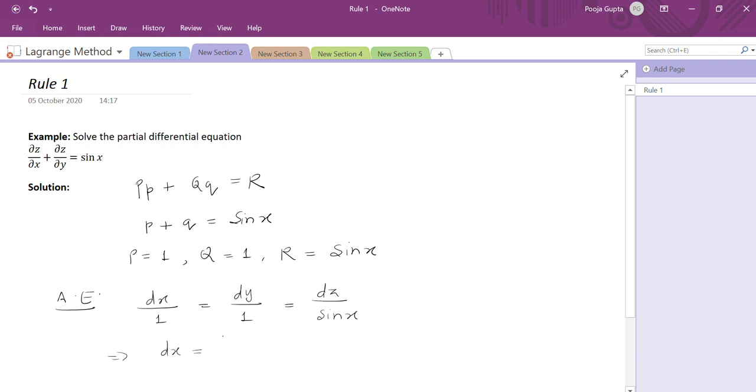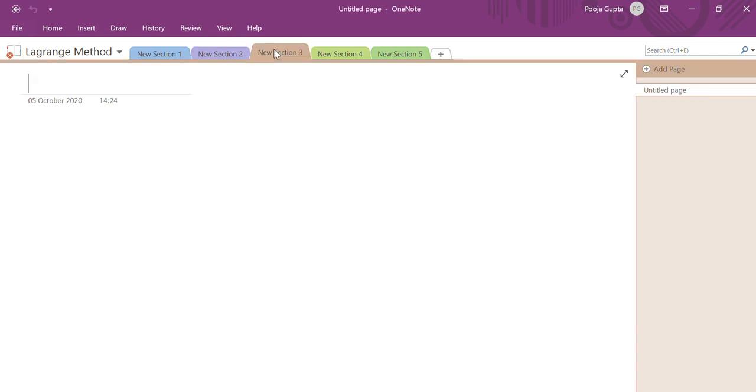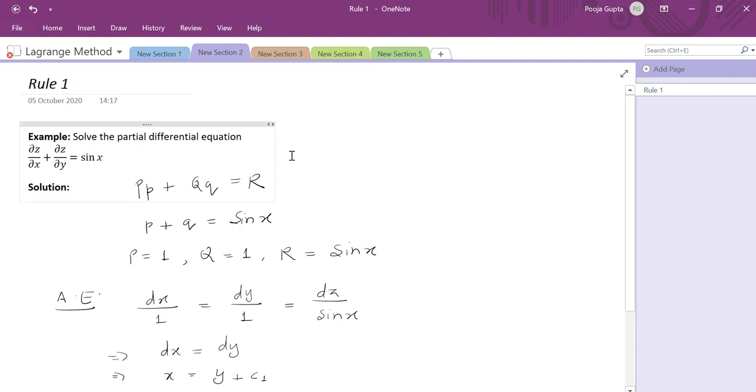This gives dx is equal to dy, and after integration x is equal to y plus some constant c1, that is c1 is equal to x minus y. This is our u.